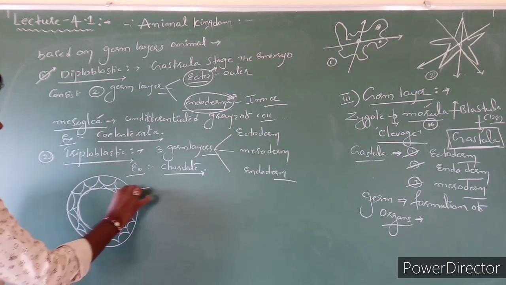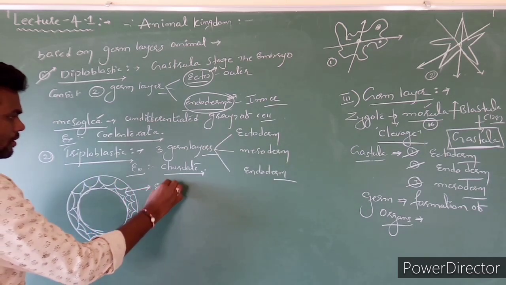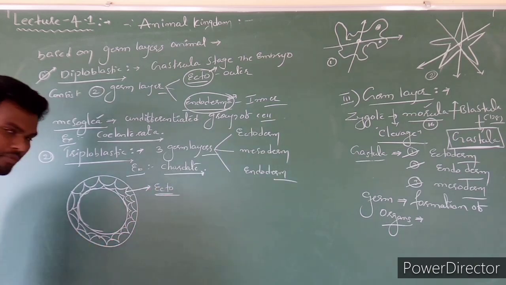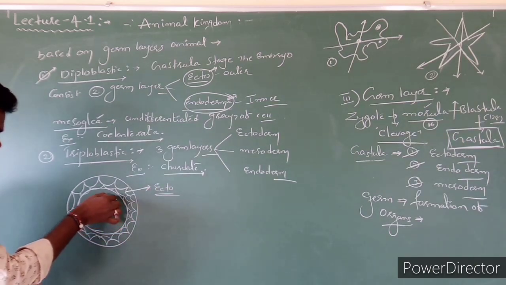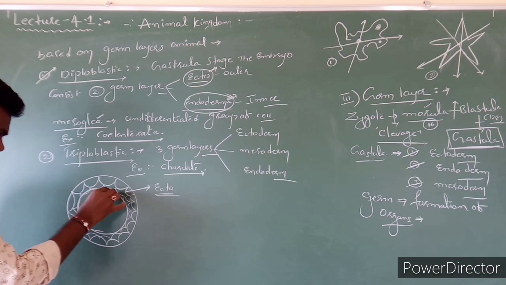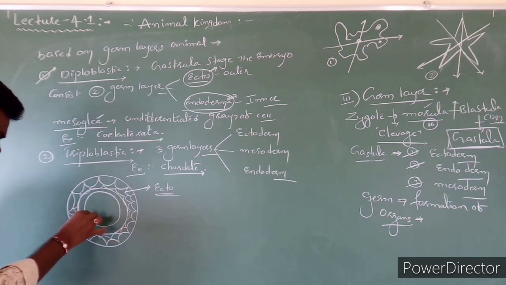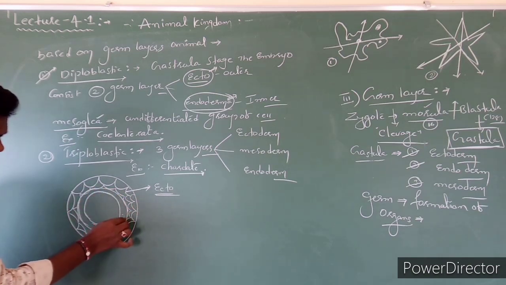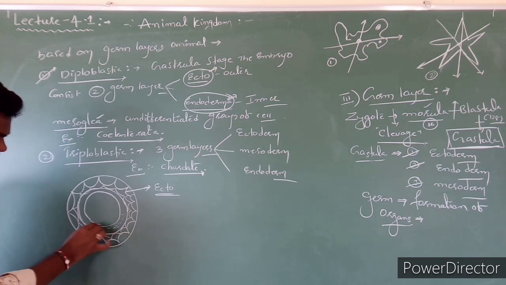These outermost layer cells are ectoderm. Next, here you have to focus. Here a liquid-like region is there, meaning an undifferentiated group of cells.